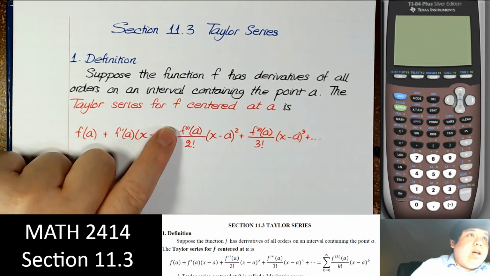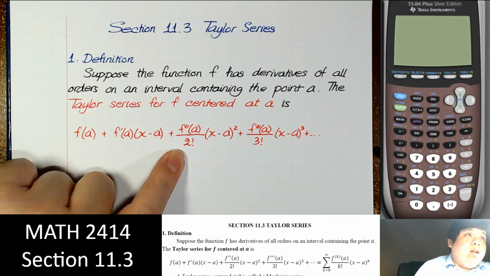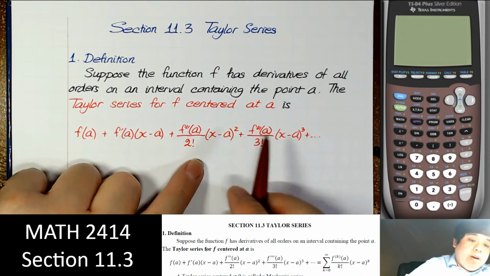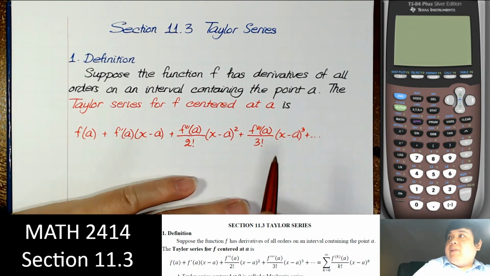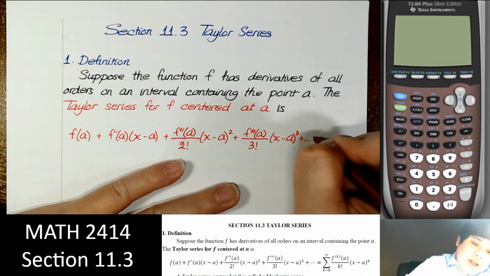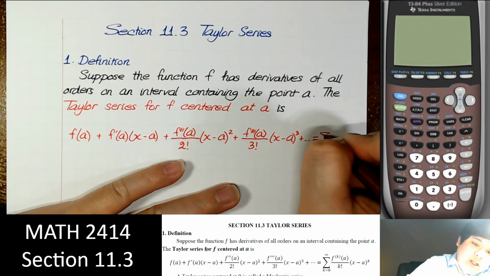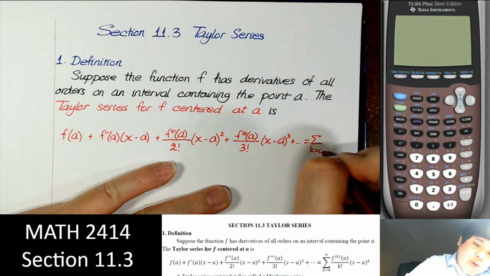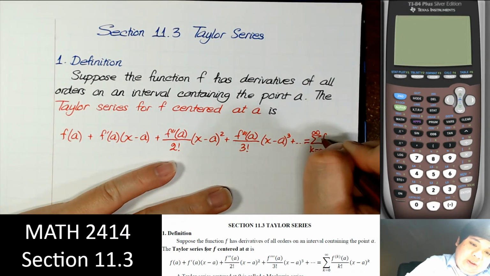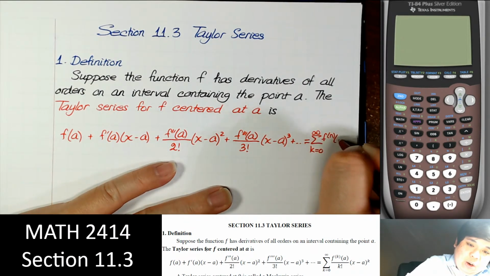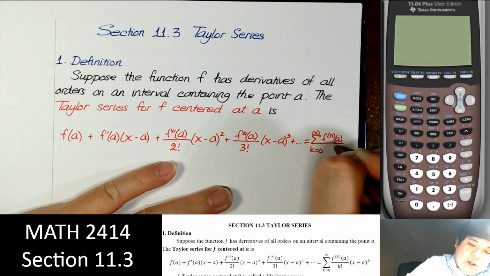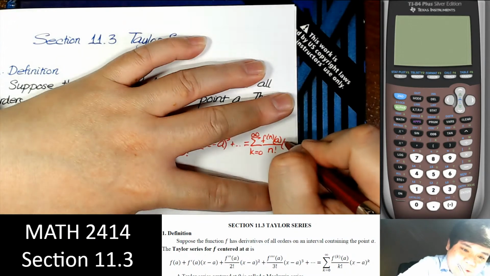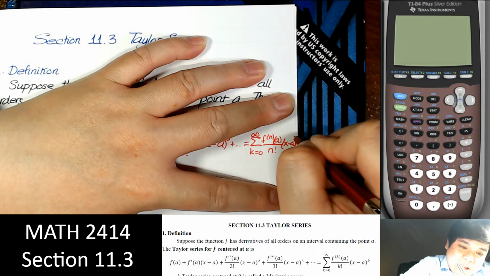So pretty much the order of the derivative, the factorial, and the power of x minus A must all be the same number. And we can write it as a summation, k equals 0 to infinity, of the nth order derivative of f at A over n factorial, times x minus A to the n.